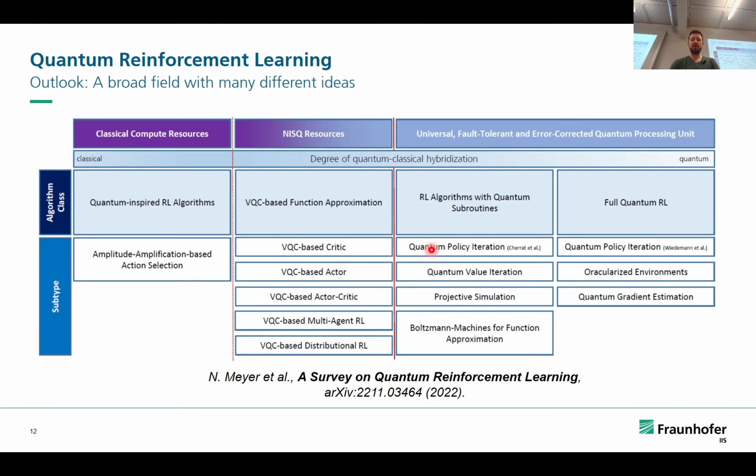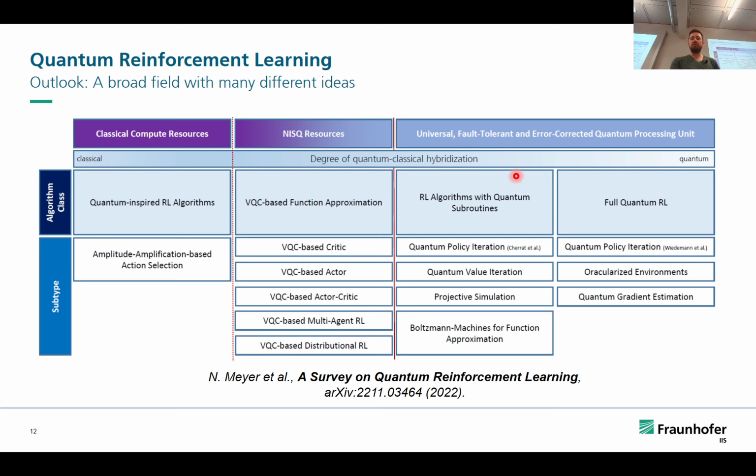And now just a short overview of what there is in quantum reinforcement learning. So on the left side of the matrix, you basically have some algorithms that are just inspired by quantum computing, and we believe that they don't offer any intrinsic advantage compared to classical computing, so they are not too interesting probably.